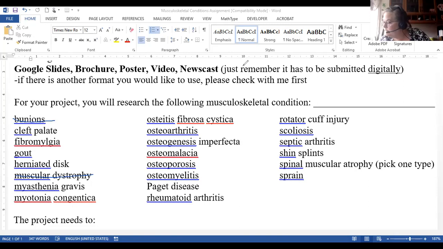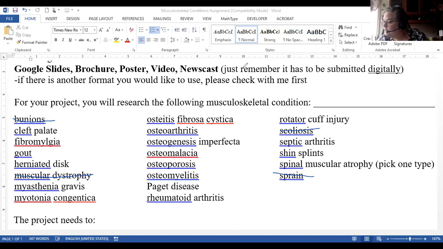Okay, next we have Ashley. Okay, Ashley has the sprain, so that's what Ashley's got. Sprain. Okay, next we have Cassie. Okay, and Cassie has chosen scoliosis. All right, so scoliosis goes to Cassie.